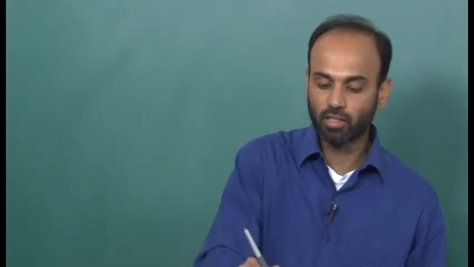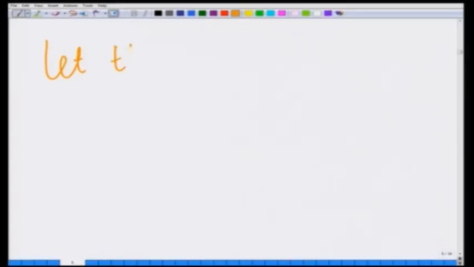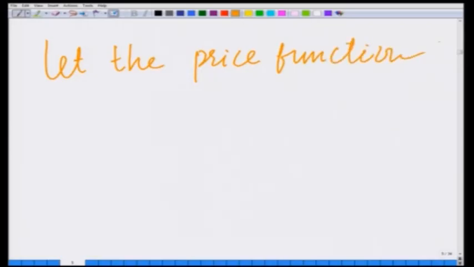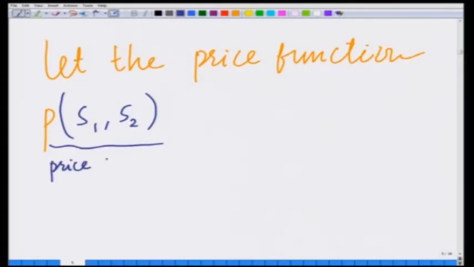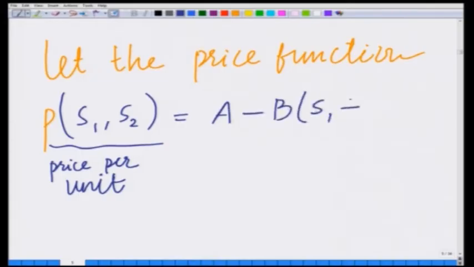Let the demand function, or let the price function, which is the price of the good as a function of S1 comma S2, this is the price per unit, is given as A minus B times S1 plus S2.